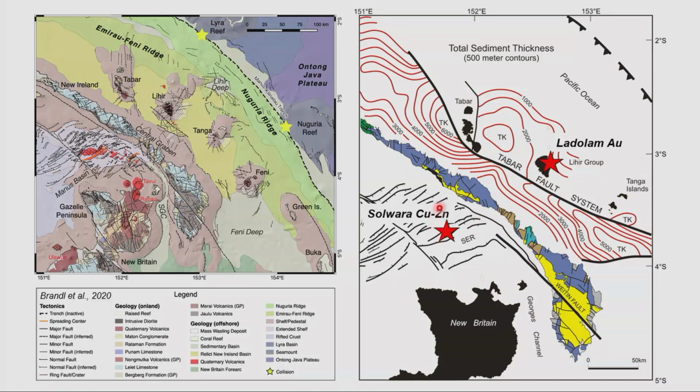And then just on the other side of New Ireland, on the other side of this large crustal scale fault, is the world's largest epithermal gold deposit on the island of Lihir.